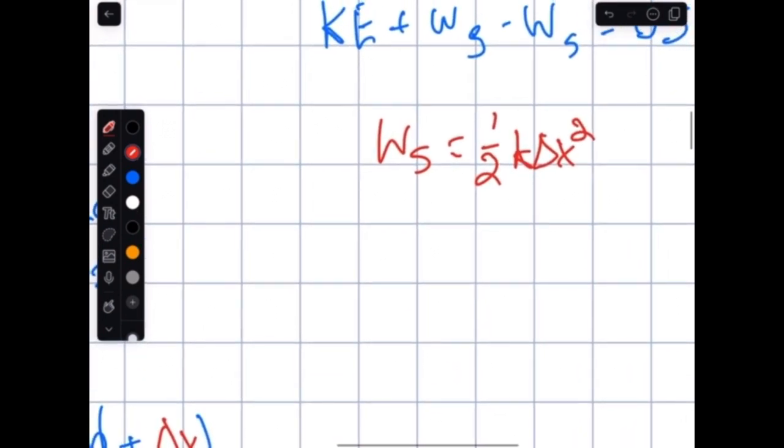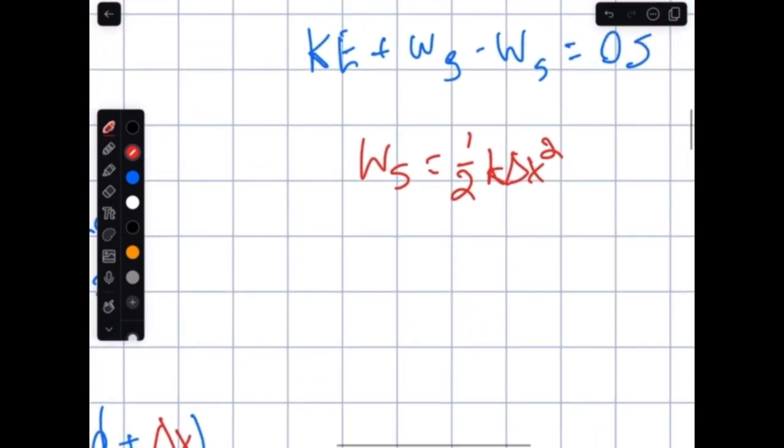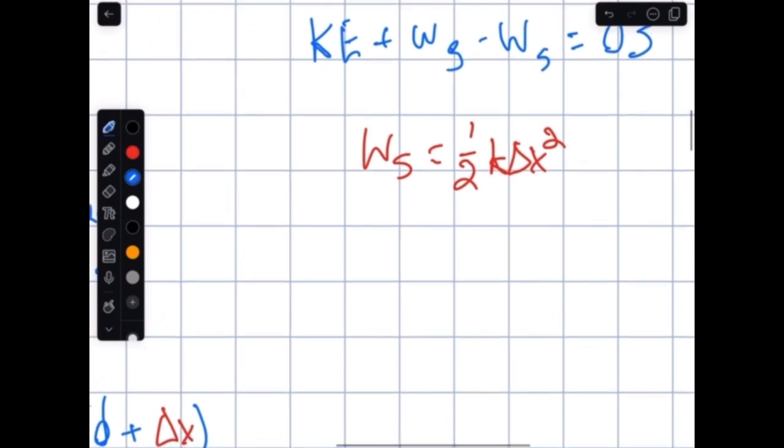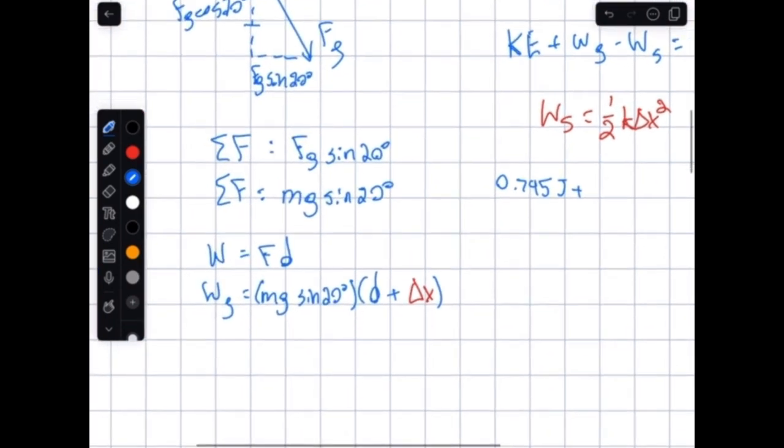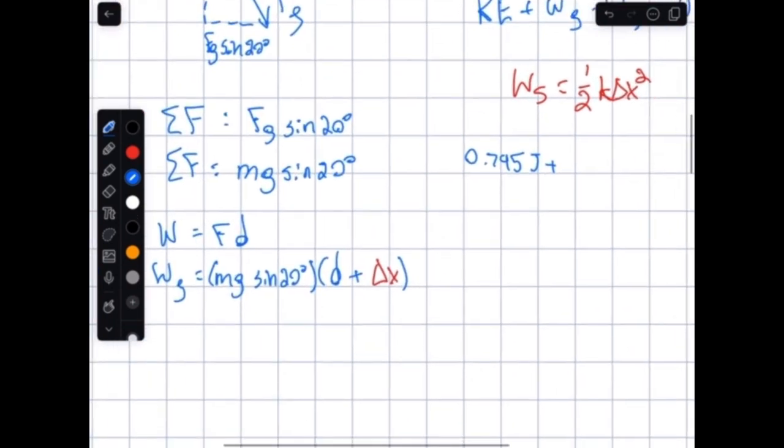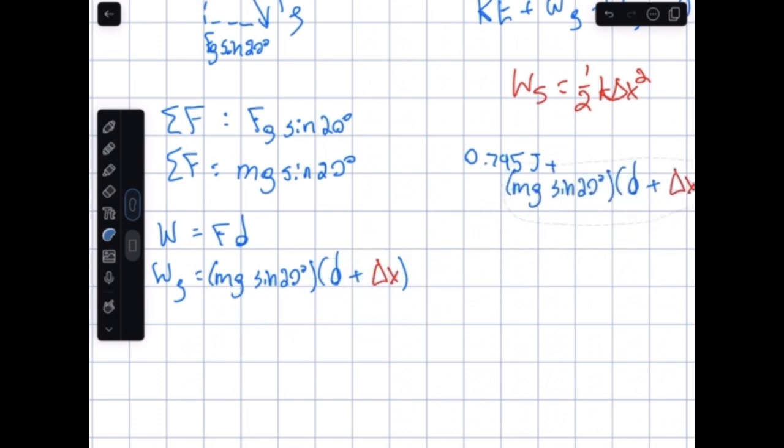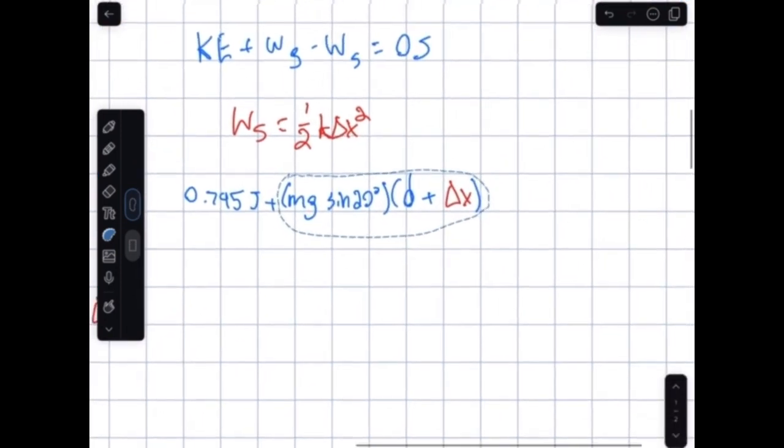And so here, let me rewrite it right here. We have kinetic energy, which we know is 0.745 joules, plus work by gravity, which is all of this right here. So I can just duplicate this over here.